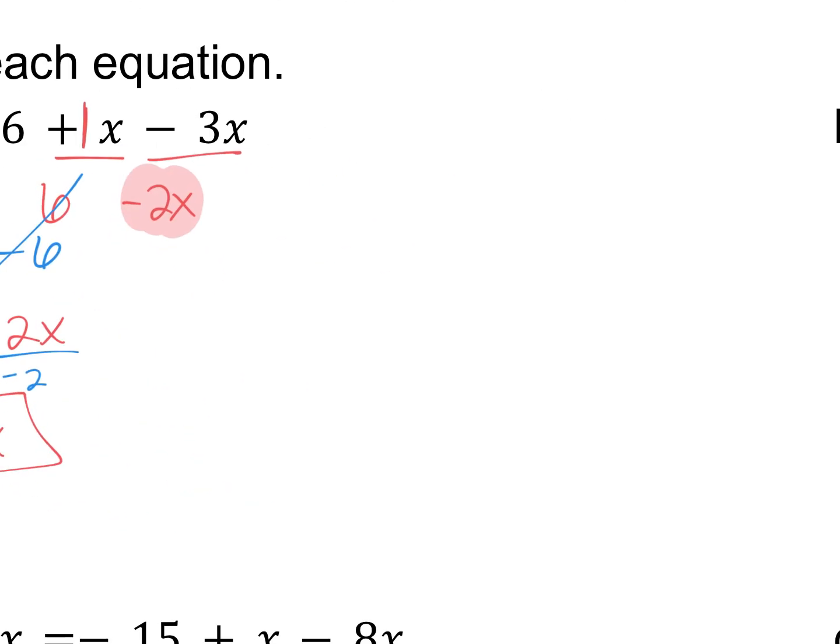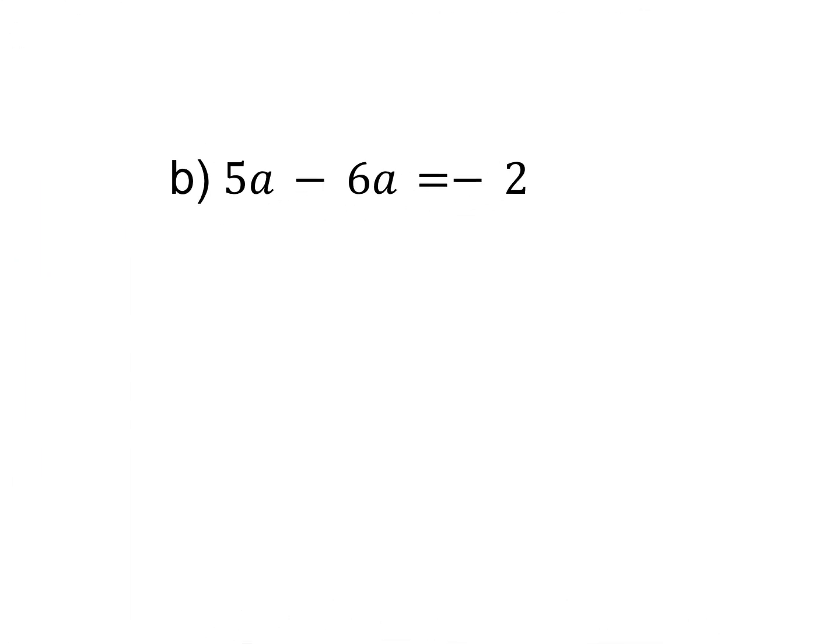Okay, so let's go to the next one. All right, this one's a little bit, I don't know if it's trickier, I think this one's more simple. Okay, so we have the left side, we have 5a minus 6a. Those are like terms because they both have a's in them. So 5 minus 6 would give you negative 1a, or you could write it as just negative a.